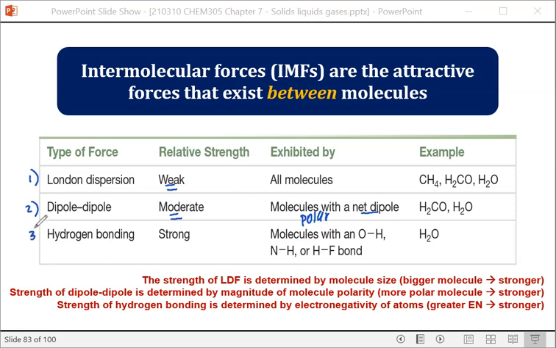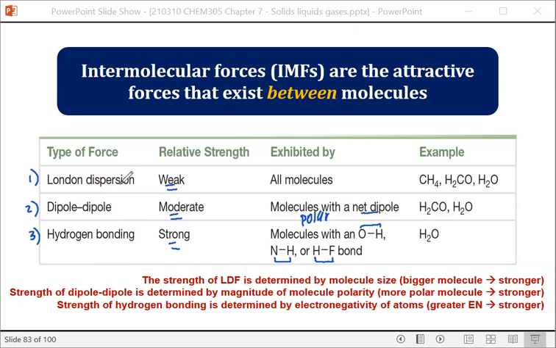And then hydrogen bonding is the third type of IMF. It's the strongest. In order for something to be able to hydrogen bond, it has to have an oxygen to hydrogen bond, a nitrogen to hydrogen bond, or a hydrogen to fluorine bond. Hydrogen bonding is a specialized type of dipole-dipole that's especially strong, and it's so strong that it gets its own name.